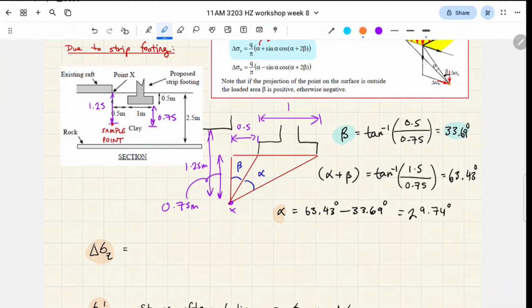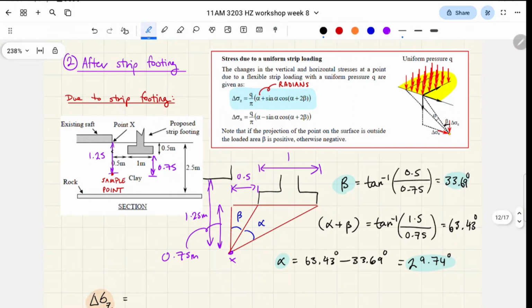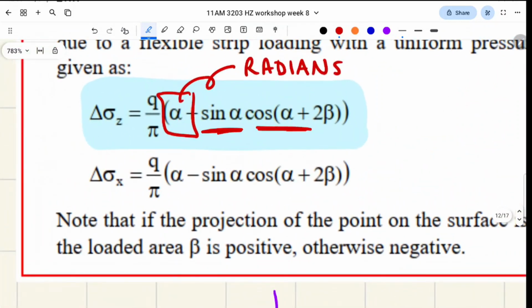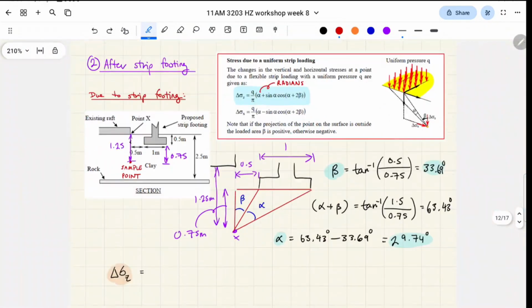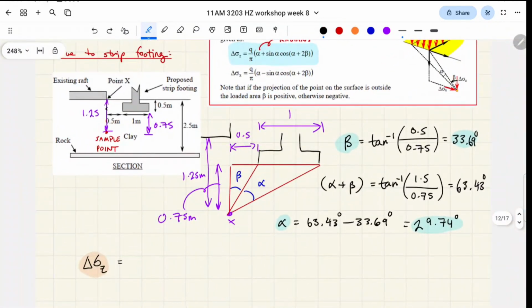Now we have our alpha angle, but it doesn't stop there, guys. We need this alpha angle in radians. The reason we need this alpha angle in radians is that this component of the formula requires alpha in radians, because instead of sine alpha, cos alpha, whatever, it's just alpha by itself. So it needs to be dimensionless. Unitless. Right?